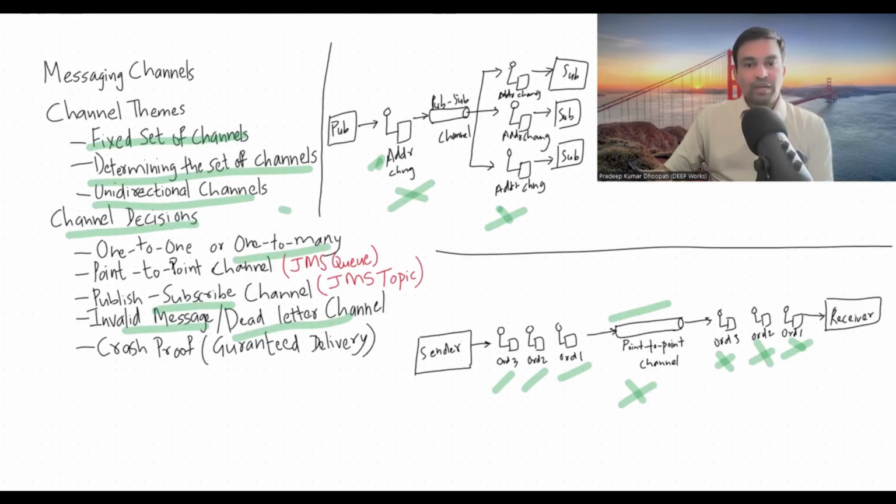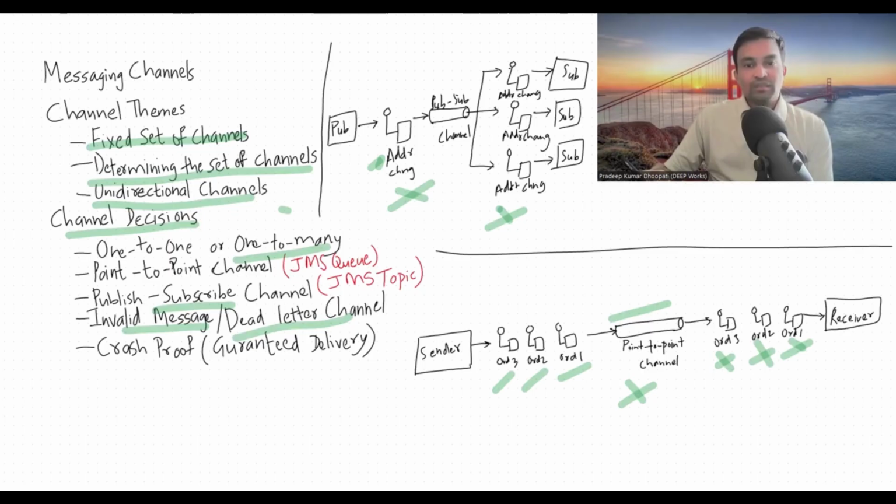But in real-time situations, there will be cases where the sender might send invalid data, or maybe not all mandatory fields are present in the message. The receiver has the expectation that it only processes validated messages and rejects all invalid data messages. So where should those messages be delivered?